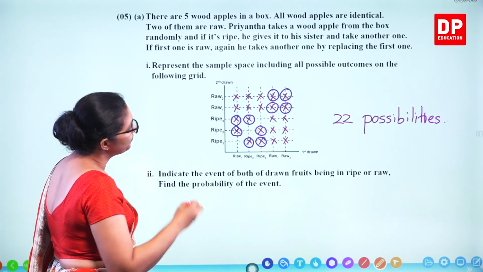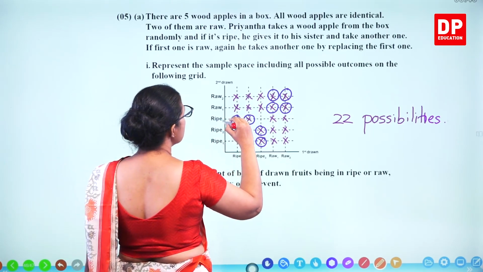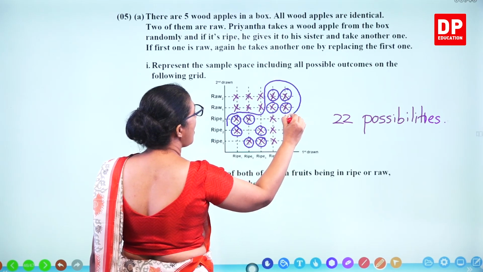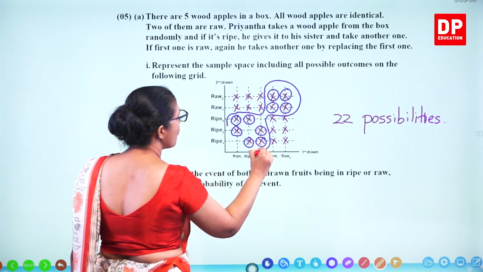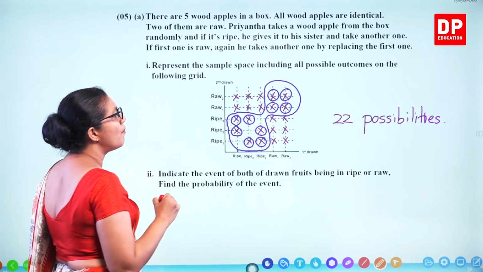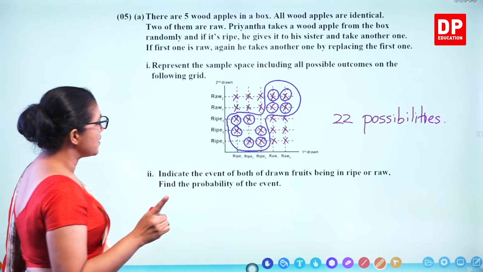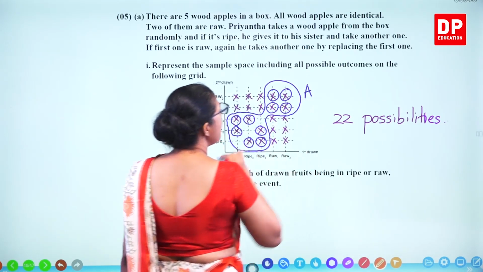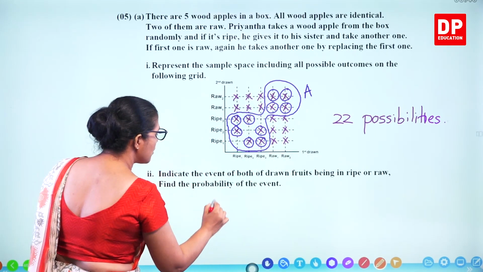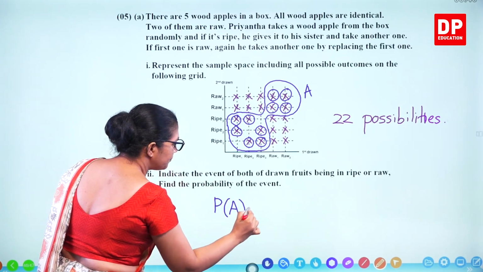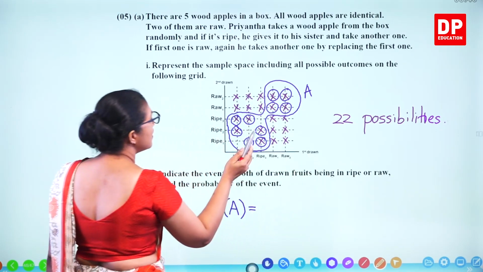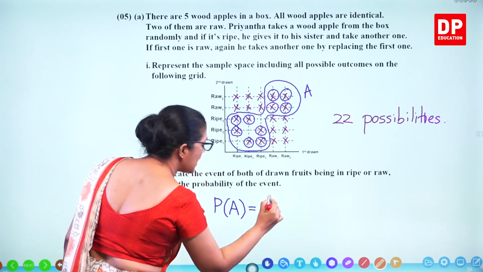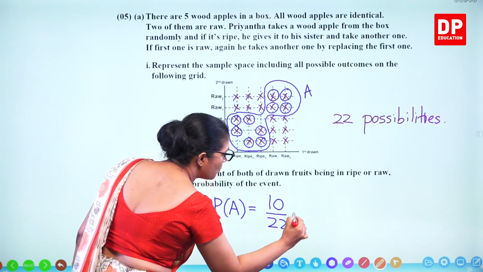So we'll try to draw the set here. This is what they want. Either both raw or both ripe ones. So we'll take that event as A. So they want the probability of getting A. So that means count 1, 2, 3, 4, 5, 6, 7, 8, 9, 10. 10 out of 22.